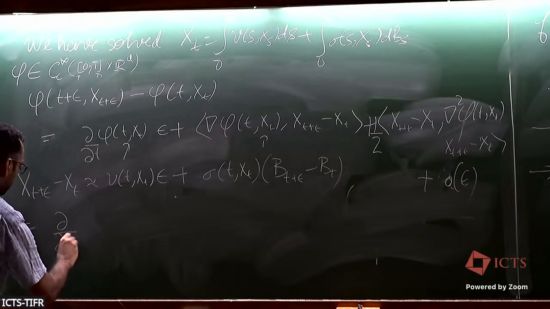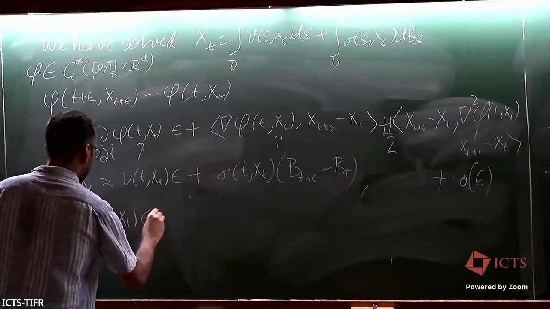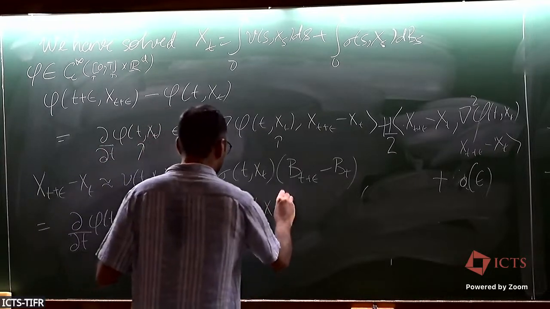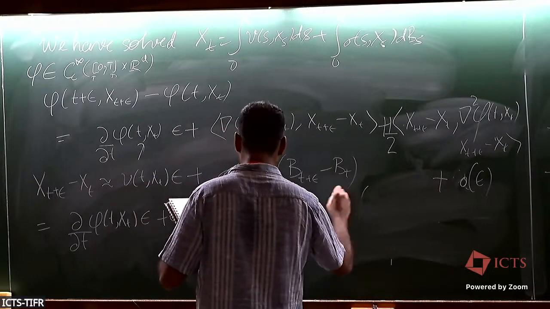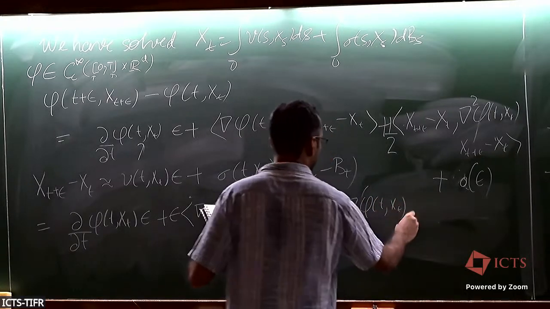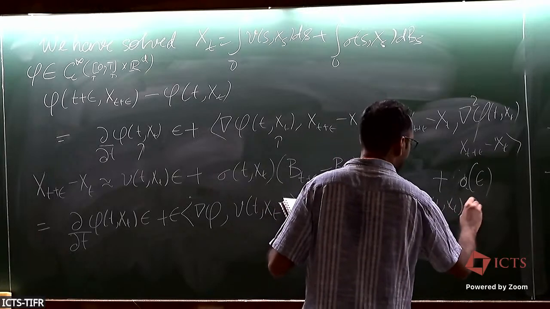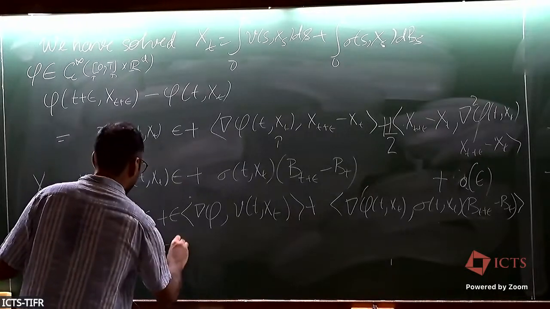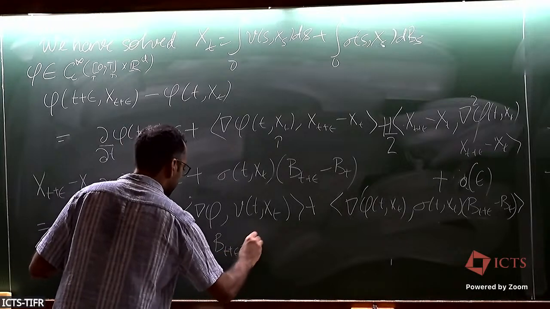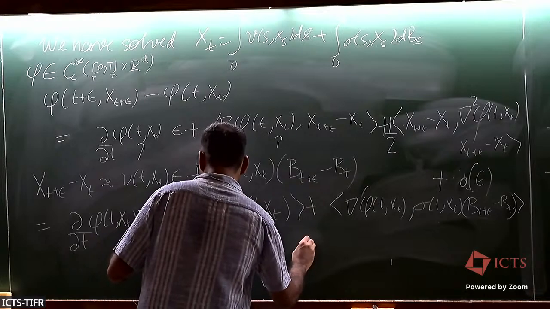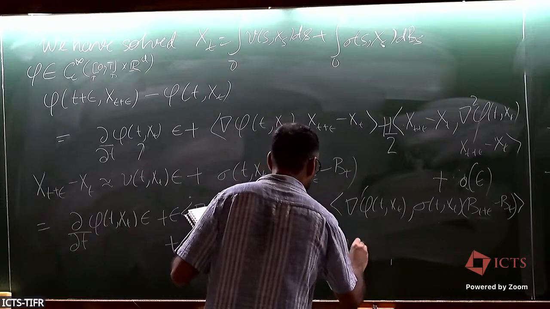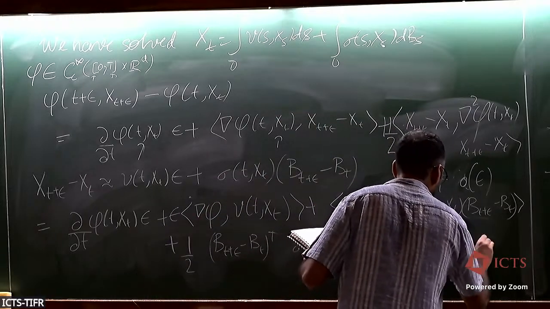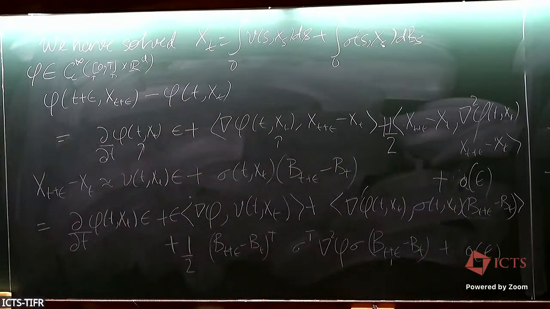This is equal to the partial derivative with respect to t of phi of (t, X_t) times epsilon, plus the gradient of phi times epsilon times v of (t, X_t), plus the gradient of phi of (t, X_t) times sigma of (t, X_t) times B_{t+epsilon} minus B_t, plus half of (B_{t+epsilon} minus B_t) transpose times sigma transpose, Hessian of phi, sigma times (B_{t+epsilon} minus B_t), plus small o of epsilon. The rest are lower order terms.